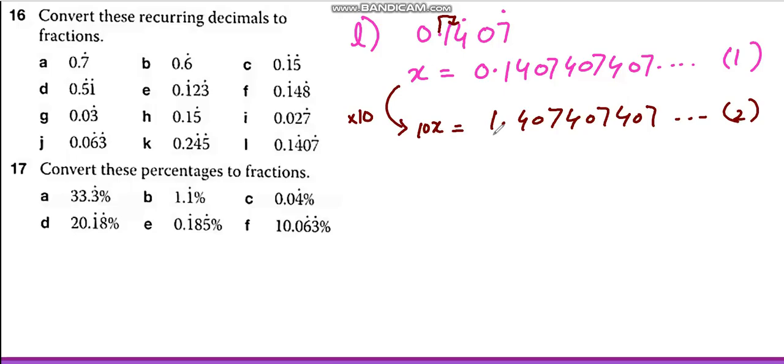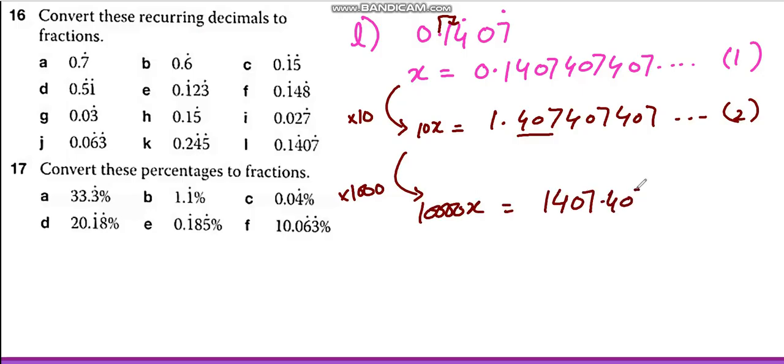Now again, we need to multiply with a number so that we get the same decimal part in both equations. In equations 1 and 2, we don't have the same decimal parts. So now we have to multiply by 1000, because we have 3 digits which are being repeated. We get 10,000x on the left side, and we get 1,407.407407407 on the right side.